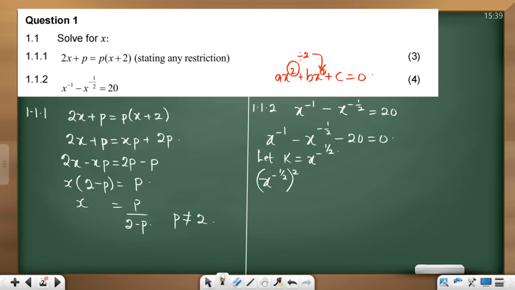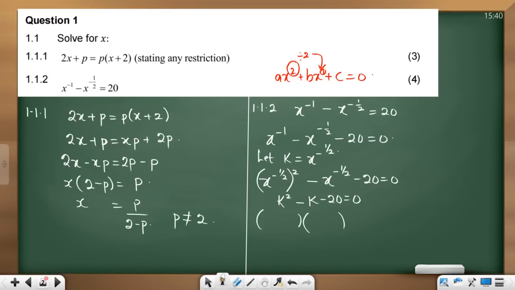Half times 2 gives me 1. So we have k squared minus k minus 20 equals 0.